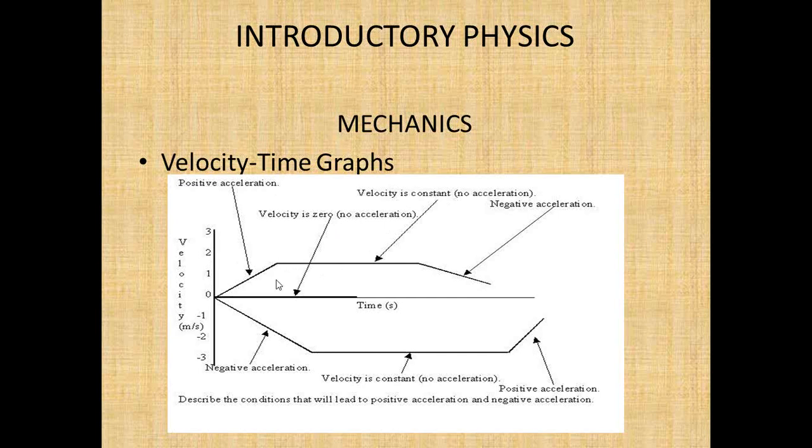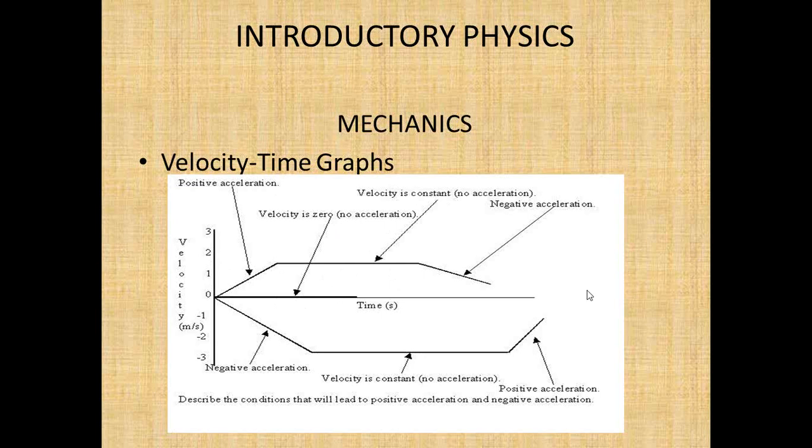At this time, the velocity is this number. At this time, it's the same number. So the velocity is constant. It's not changing. If there's no change in velocity, then you have no acceleration.